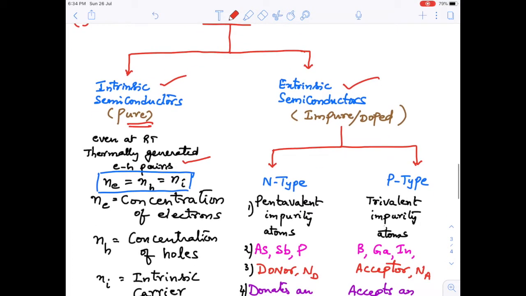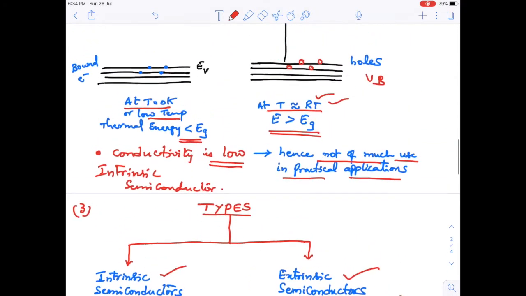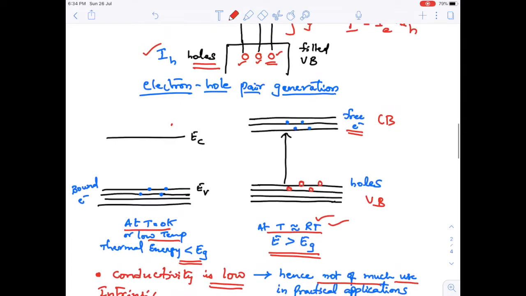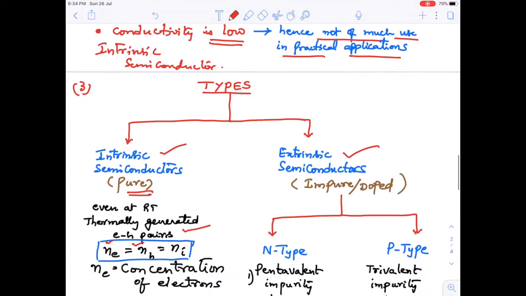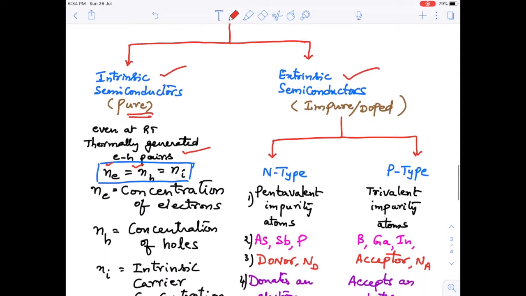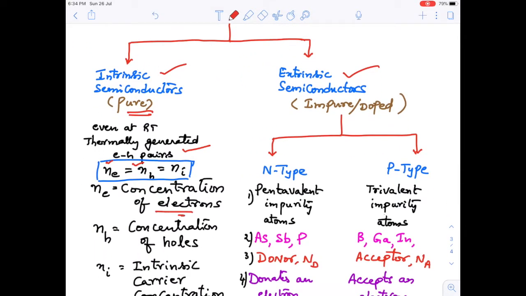Now, if I consider the concentration of electrons generated, Ne, and holes, NH, then however many electrons are reaching, those many holes are created. Therefore, Ne will be equal to NH, where Ne is the concentration of electrons, which means the number of electrons per unit volume of the material. Ne refers to the concentration of electrons and NH refers to the concentration of holes.